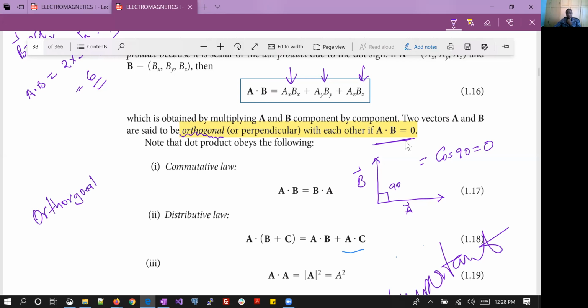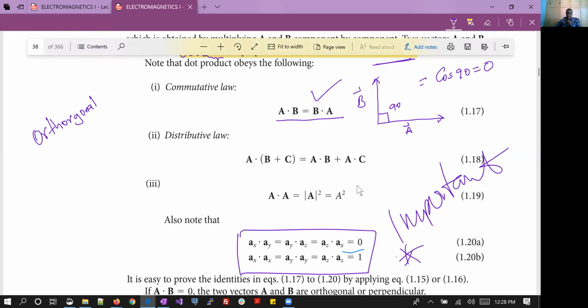That the two fields you're talking about, or vectors, are 90 degrees out of phase. And therefore, commutatively, A dot B is equal to B dot A, and that is agreeable. The dot product follows the law of commutation.